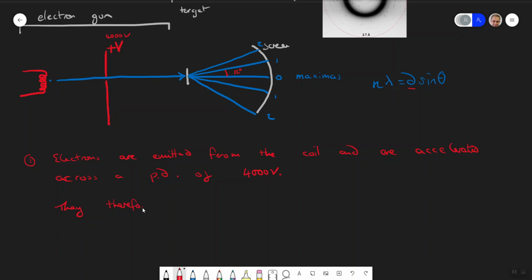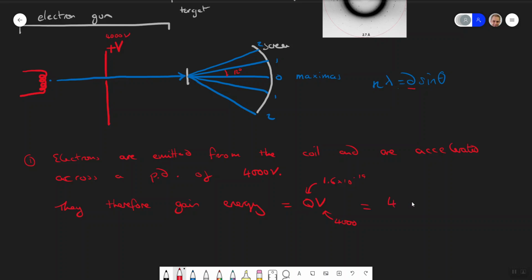gain energy. So energy is equal to work done. Work done on a charge as it comes through, energy equals QV. Q is going to be the charge on an electron, 1.6 times 10 to the minus 19. V is 4,000.